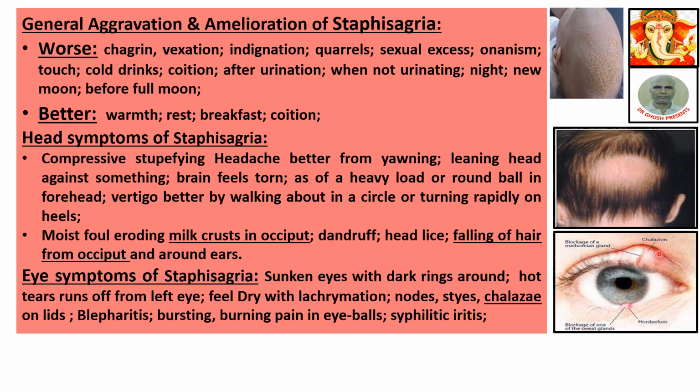One is from blocking of the meibomian glands, the oil glands, and is generally seen on the inside, and styes are seen on the outside. Blepharitis, bursting, burning pain in the eyelids, and syphilitic iritis. That is, Staphisagria has a lot to do in case of eye troubles.